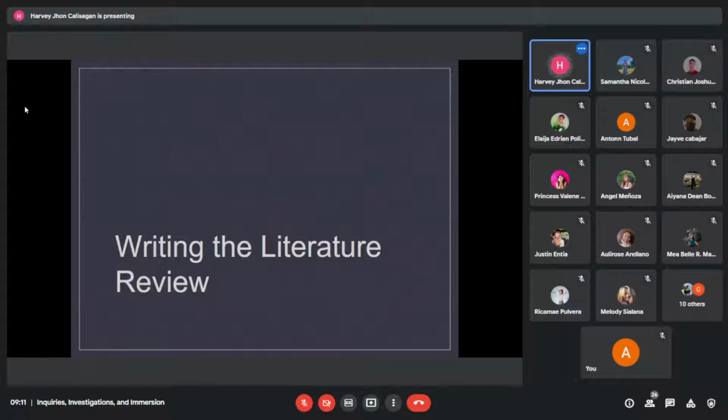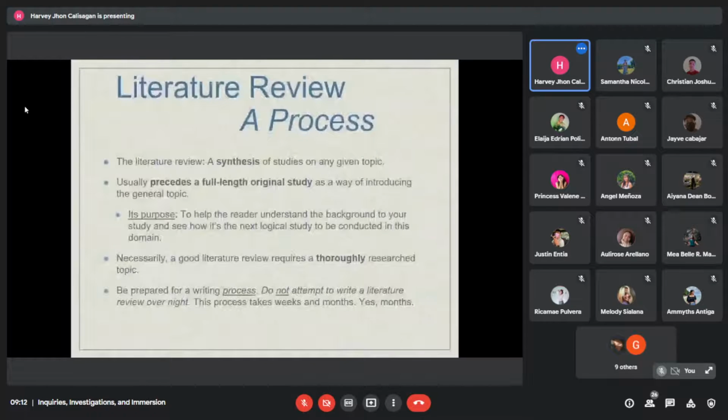Most of the output in your chapter 2 was theoretical, or hypothetical. Most of the information there is hypothetical, and of course you have spliced some information coming from other resources. But how do you write the literature review? So I hope it can help you as you start creating your capstone research.